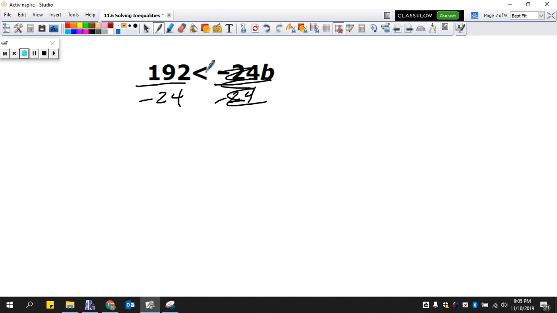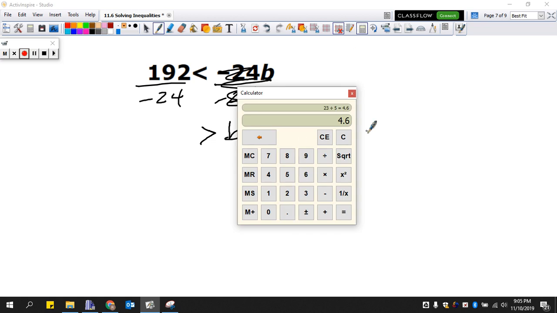We have to flip the inequality symbol, and we're left with b on the right hand side. 192 divided by negative 24 is negative 8.